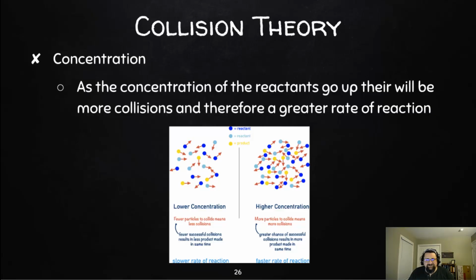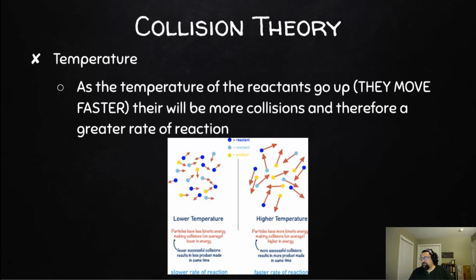All right, so then we want to get into temperature. What's happening with temperature? As you increase the temperature, you are quite literally adding energy. Temperature is the movement of these molecules, so they're going to move around faster.